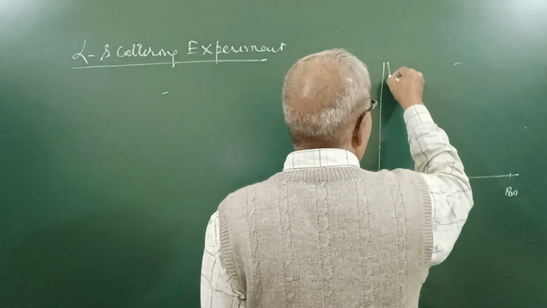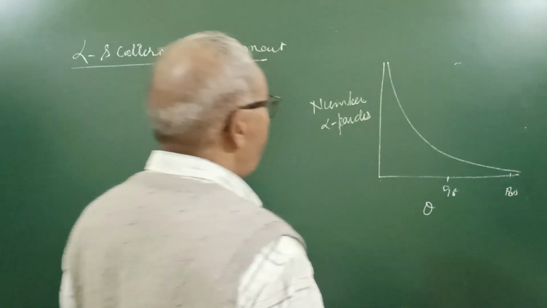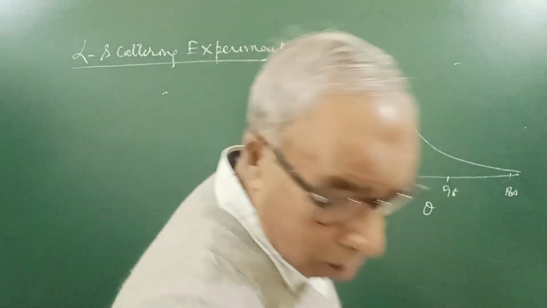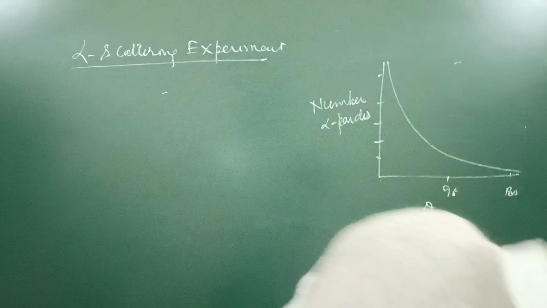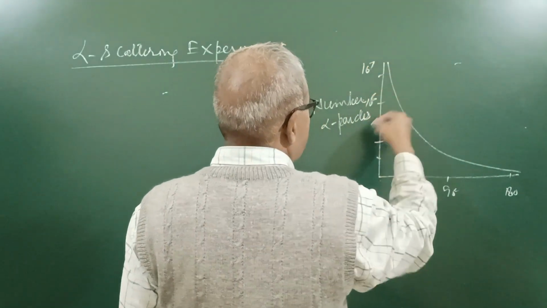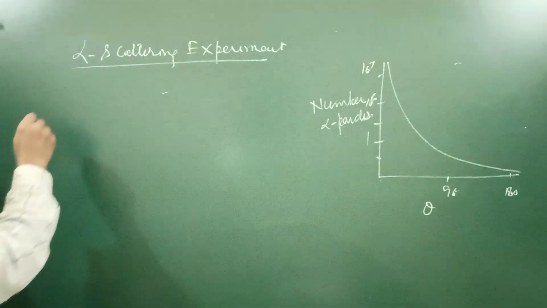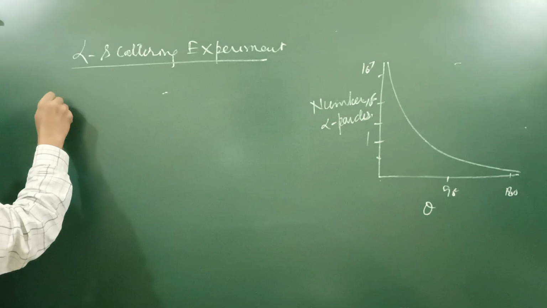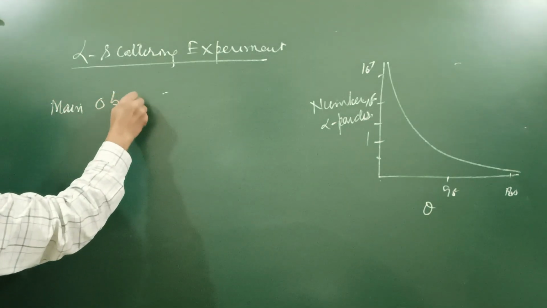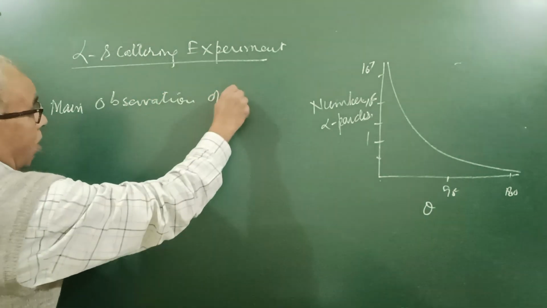So the graph looks like this. I will discuss what this is. It tells you the number of alpha particles. In this the number is in millions, 10 to the power 7, 10 to the power 6, and so on. So the main observations of the alpha particle experiment.